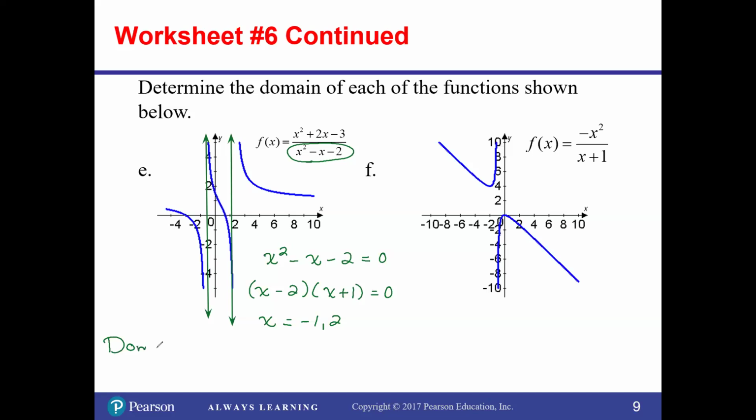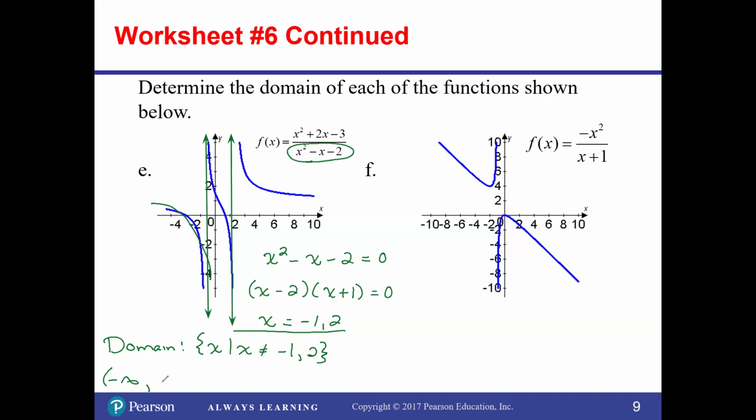Once again, the domain is anything with the exception of x being -1 or 2, because that makes my denominator 0. Or we could say it's all this here.